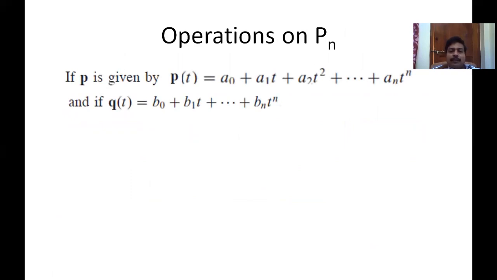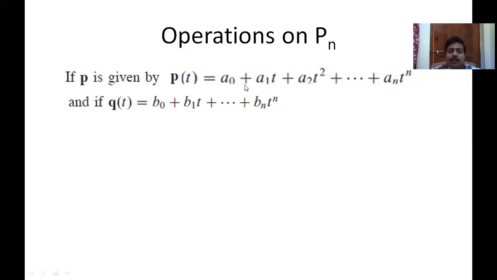So let us define the vector addition and scalar multiplication on the set Pn. If p is given by p(t) = a naught + a1t + a2t^2 and so on up to an t^n, and q(t) is another vector, b naught + b1t + so on up to bn t^n.